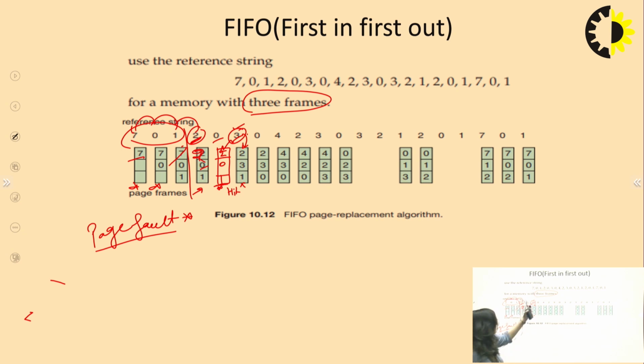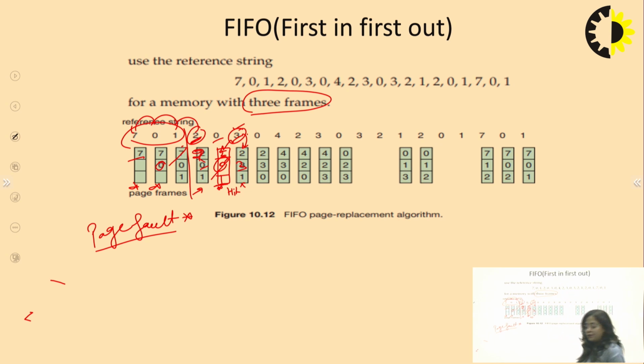Then we check according to FIFO which number was stored first. This one is 0, because 7 came first, then 0. So 0 is replaced by 3. In this way all strings are stored one by one using the FIFO algorithm.